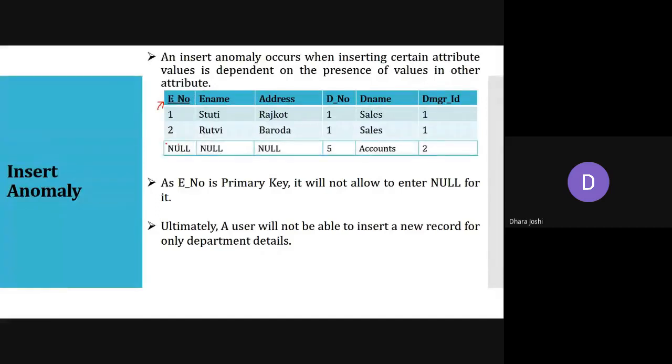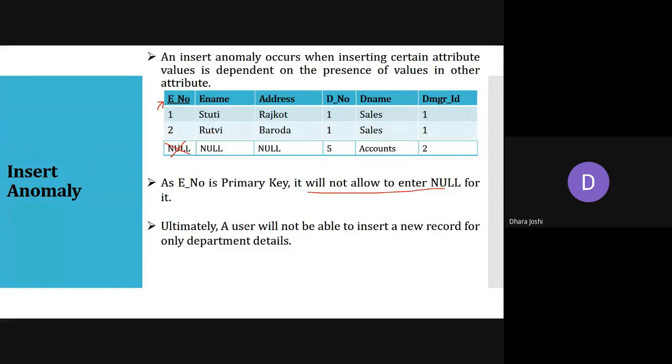Ideally, a null value is not allowed in a primary key. We know that a unique key allows null values but not duplicate values. But a primary key allows neither null nor duplicate values. So this employee number is a primary key and it will not allow us to enter the null value.